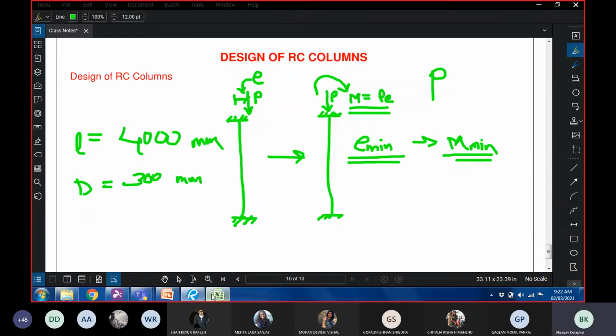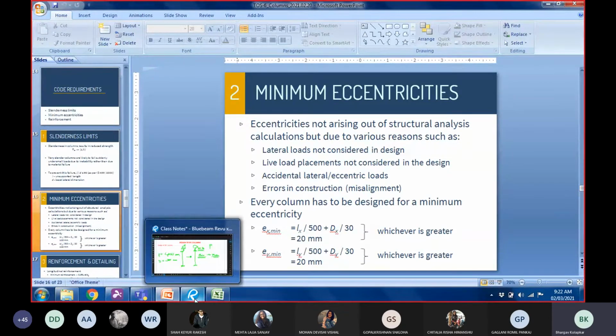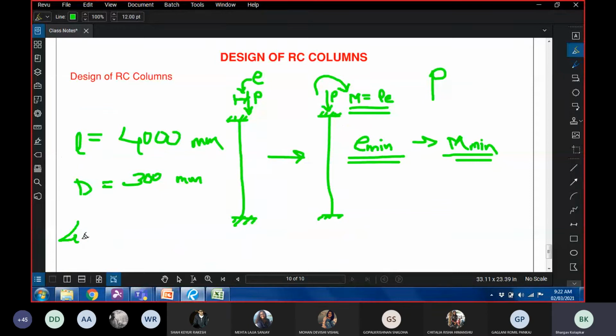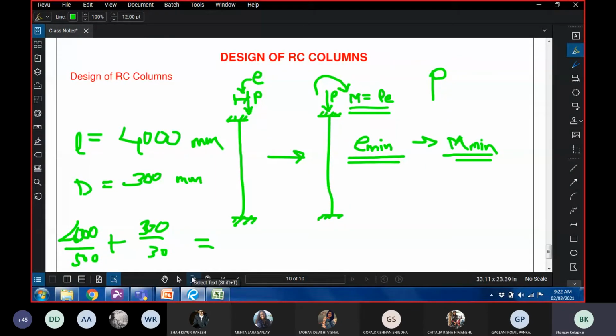In that case, the minimum eccentricity would be L by 500, meaning 4000 divided by 500, plus D by 30, which is 300 divided by 30. So this turns out to be 18 mm.